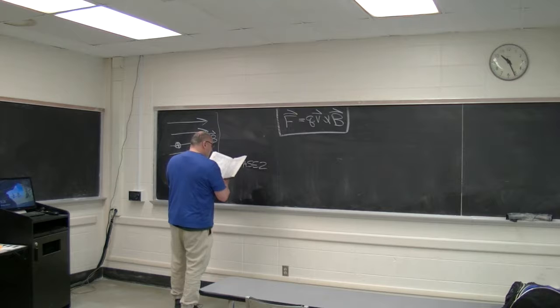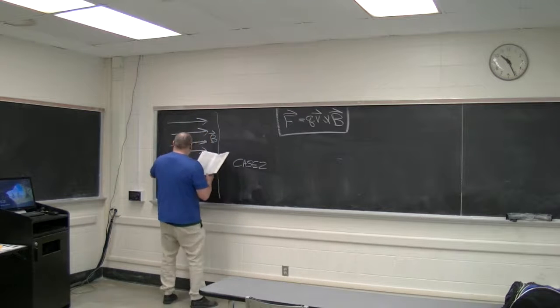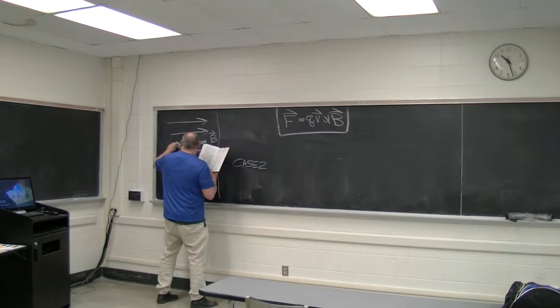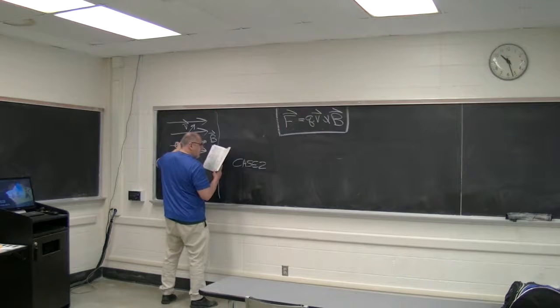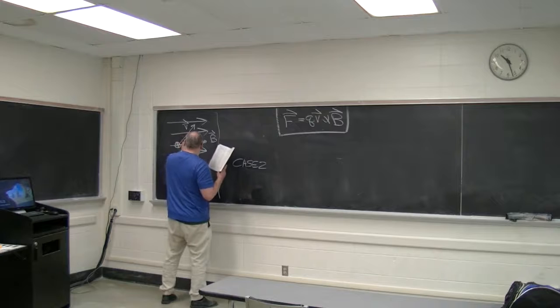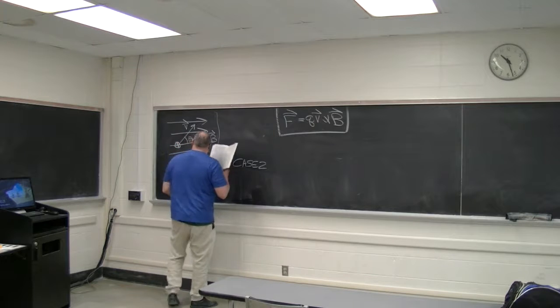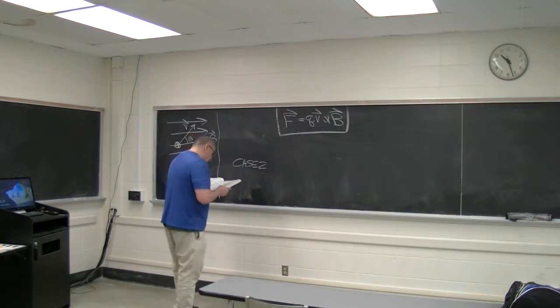Charged particle here. And here we go. Let's take it at an angle here. Here's the charged particle. It's moving with velocity v vector, and this is that. And this angle right here, the angle to the B field is theta.